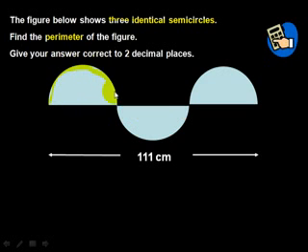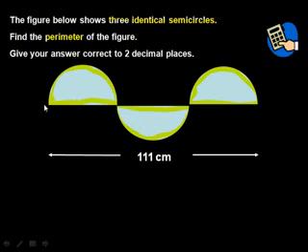The circumference of this semicircle plus the diameter of a semicircle, plus another circumference of a semicircle, this diameter, another circumference of a semicircle, and another diameter. So here we need to first find the diameter of the semicircle.